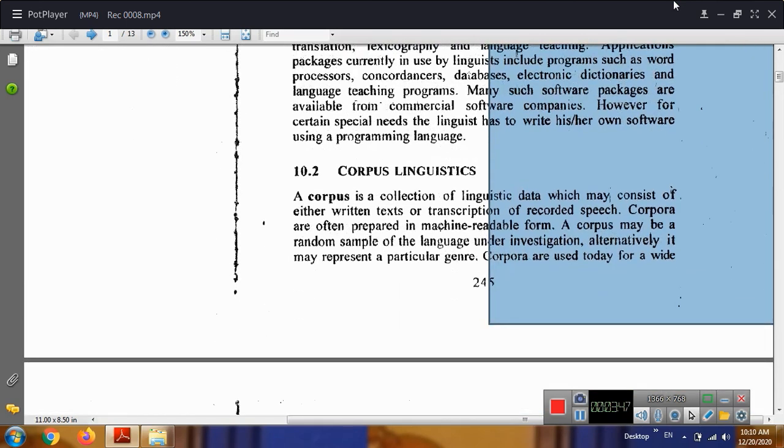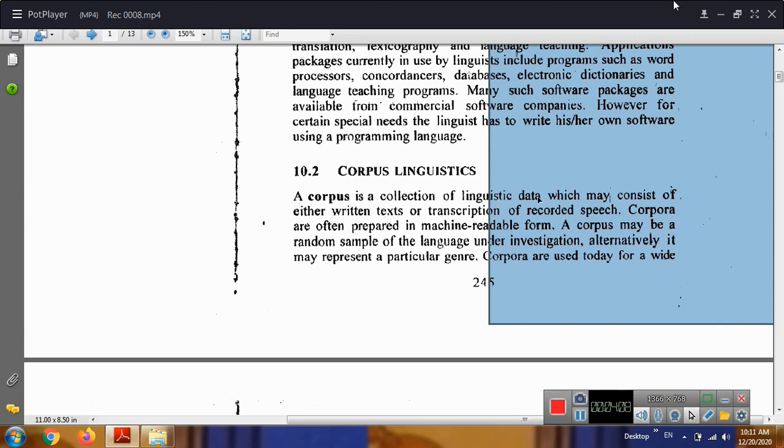About corpus linguistics, we read some definitions in previous sessions, and here we will read another definition which has some concepts shared with the previous definitions.